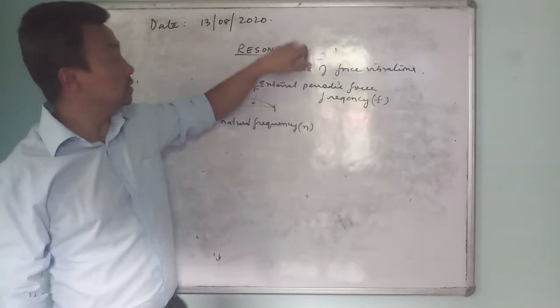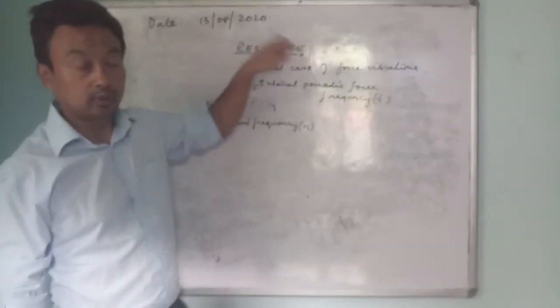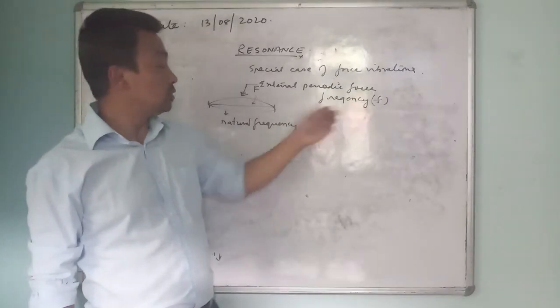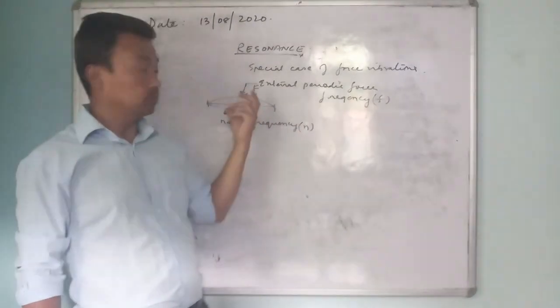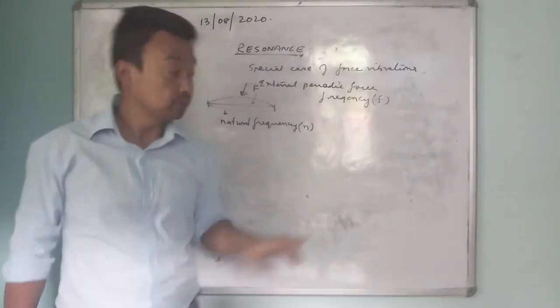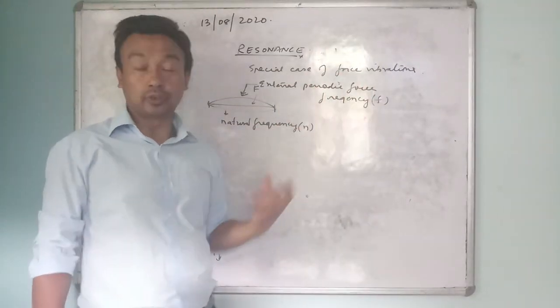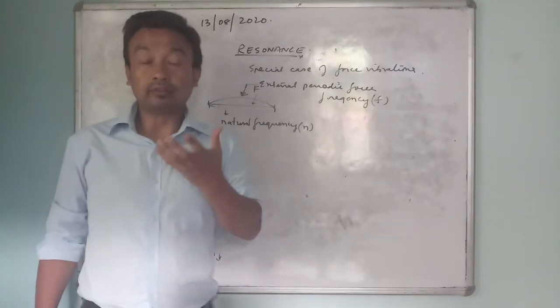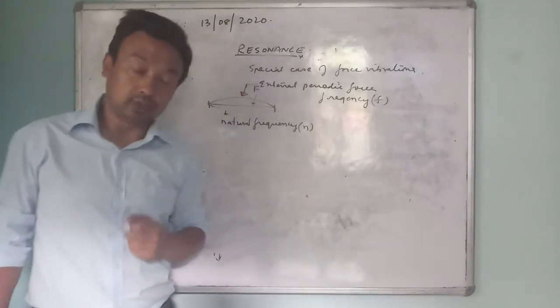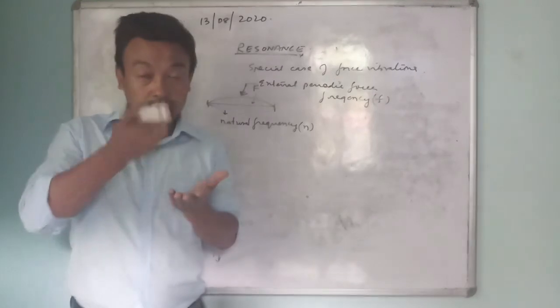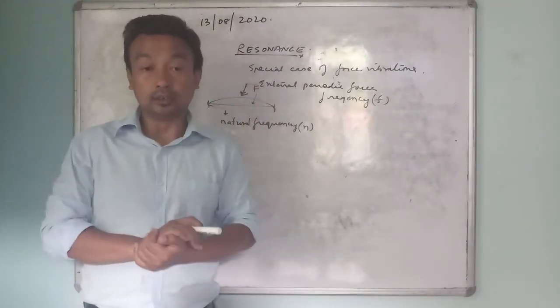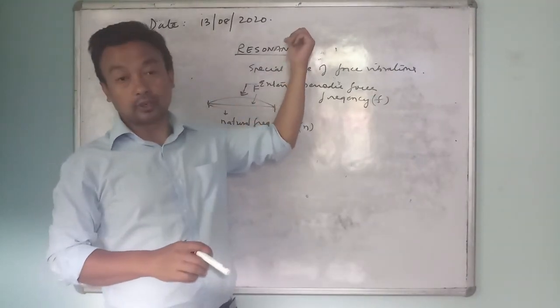So in the case of resonance, when the natural frequency of the vibrating body becomes equal to the frequency of the external periodic force, the body will start vibrating with increased amplitude, and when the amplitude increases, a loud sound is heard. So that is resonance.